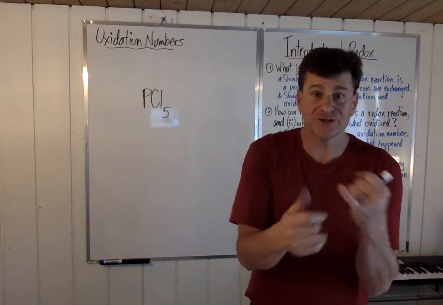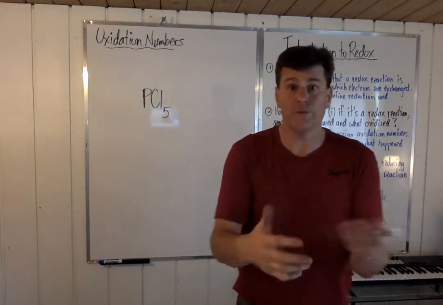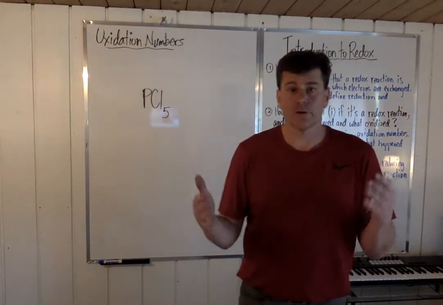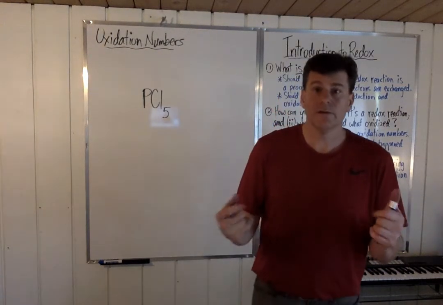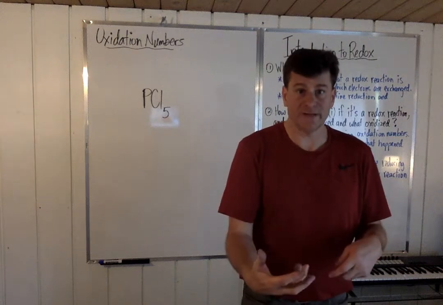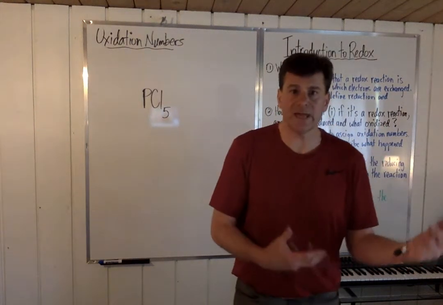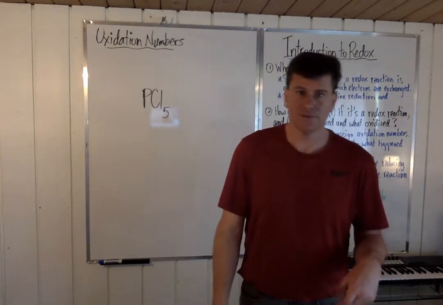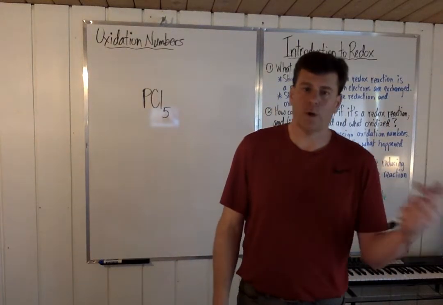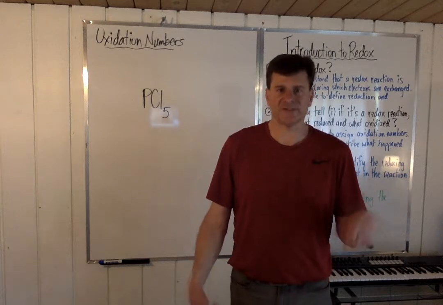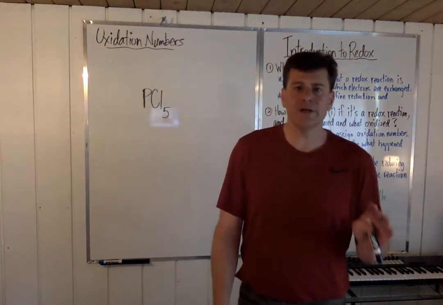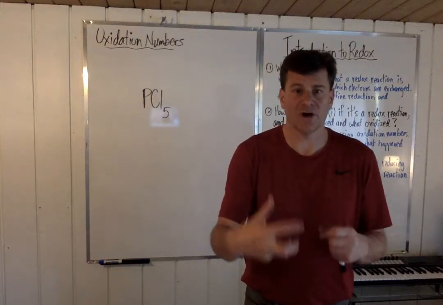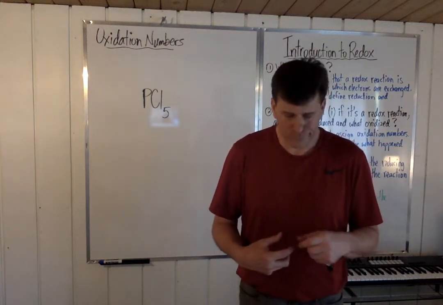We don't have hydrogen. We don't have oxygen. Oh, we've got nonmetals. So phosphorus and chlorine are 2 nonmetals. The order of their priority is due to their electronegativity. So then you go to your periodic table and you look for the one that's further right and up towards the fluorine. Well, chlorine's 1 position away from fluorine, and phosphorus is quite a bit away. So chlorine has higher electronegativity. So chlorine gets the charge that it wants to be.